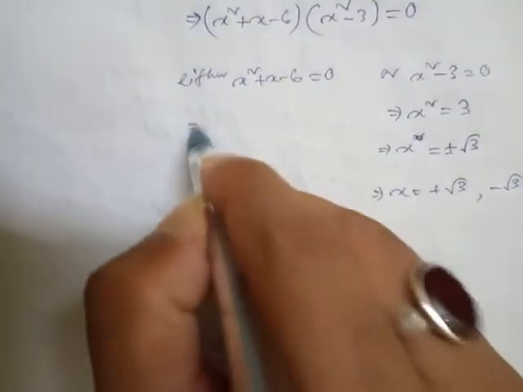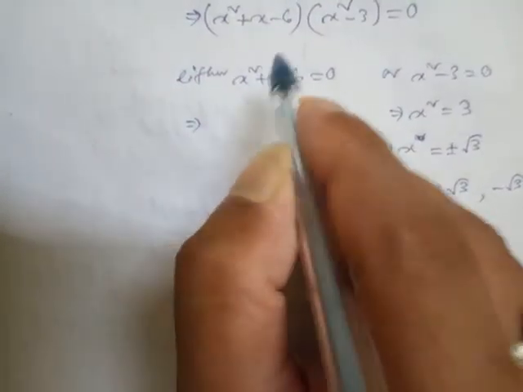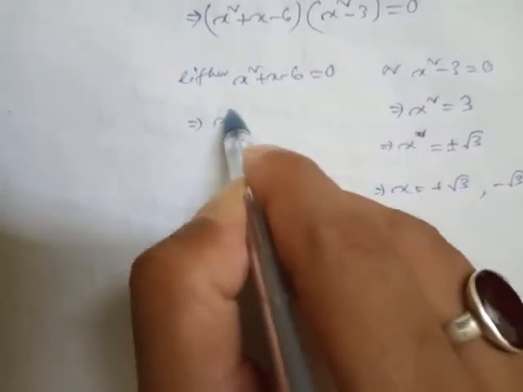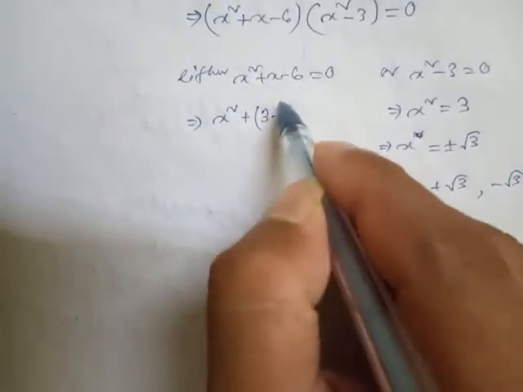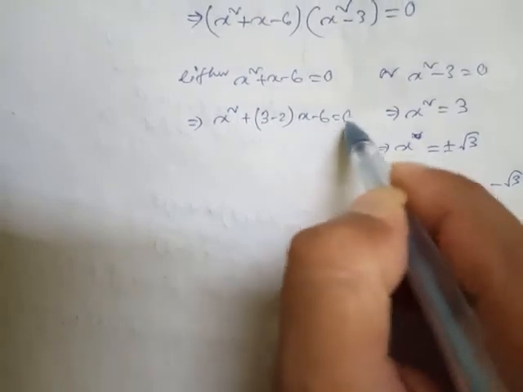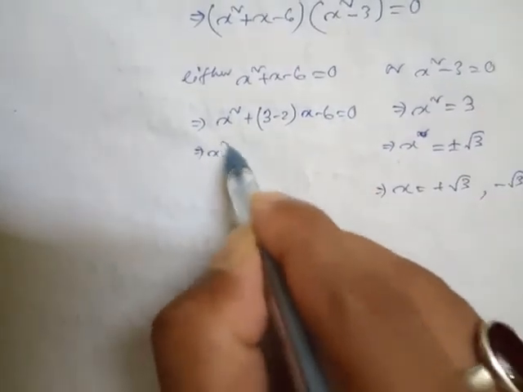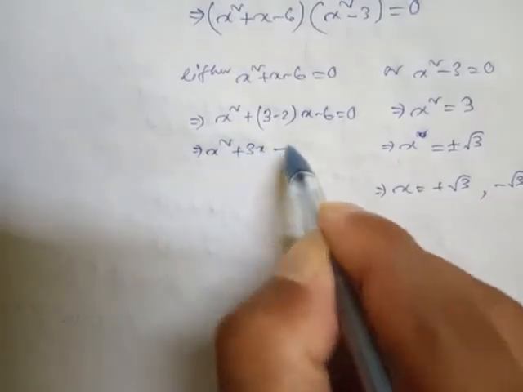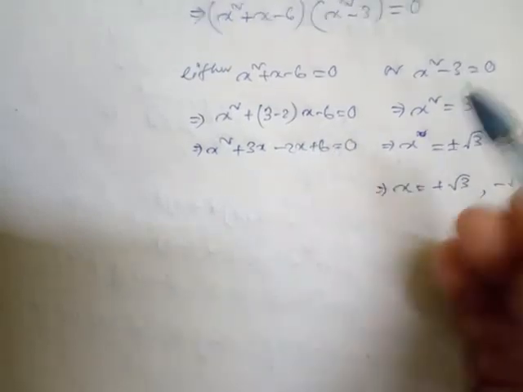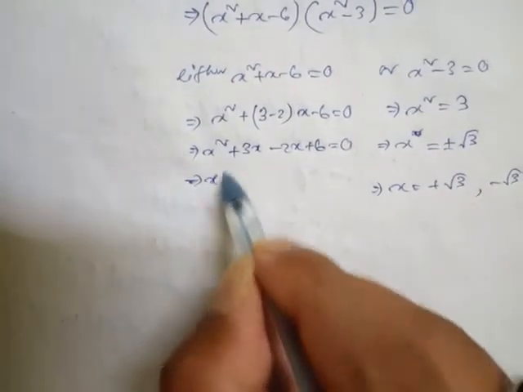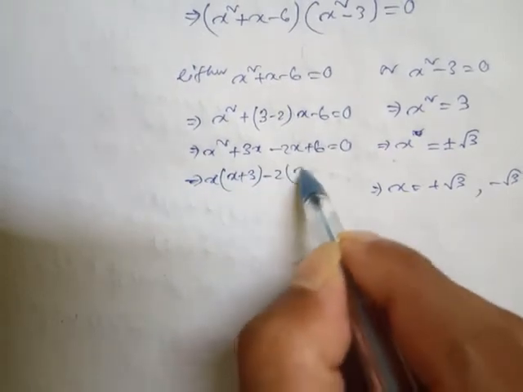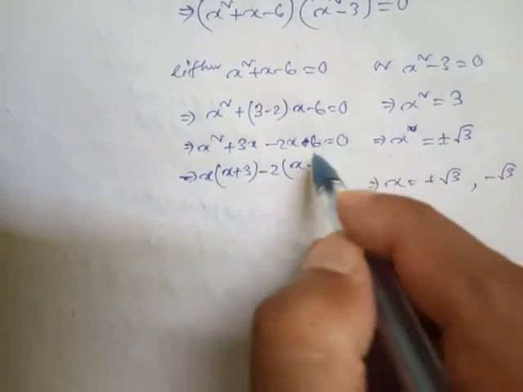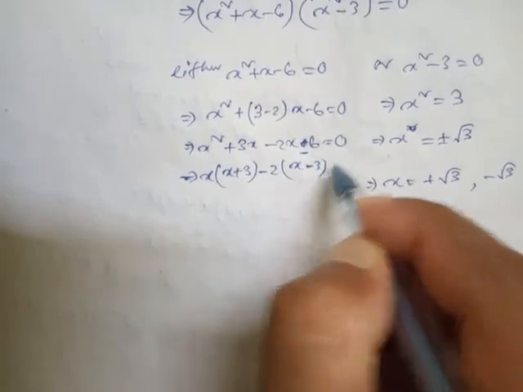Student, here now look, x square plus x minus 6. So here x square plus, here student 3 minus 2 means 1, then x minus 6 equal to 0. Now look, after that there is x square, then 3x, then minus 2x minus 6 equal to 0. Now next would be x, if I take x common, then x plus 3 will be here, minus 2 common, then x plus 3 equal to 0.